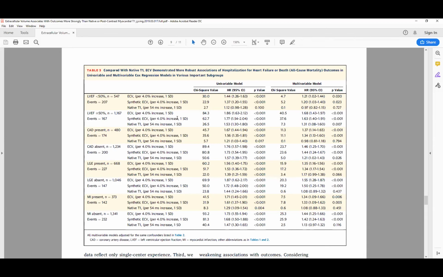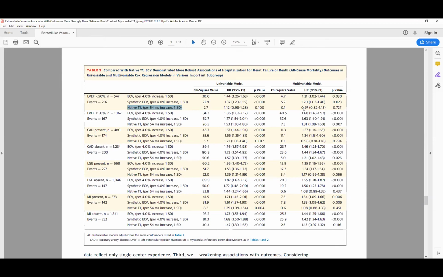And essentially, the main concern was, native T1 is really the competitor, if you will, to ECV. And so, without making this table just incredibly massive, we just focused on native T1 versus the two different types of ECVs, synthetic and also the ECV that had contemporaneous hematocrit measured at the time of cardiac MR.